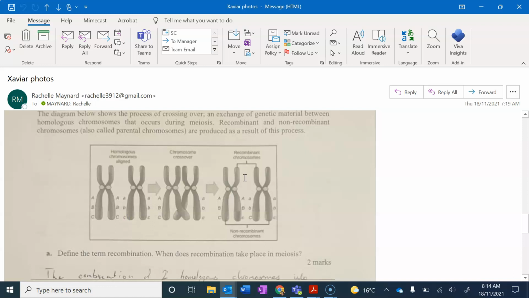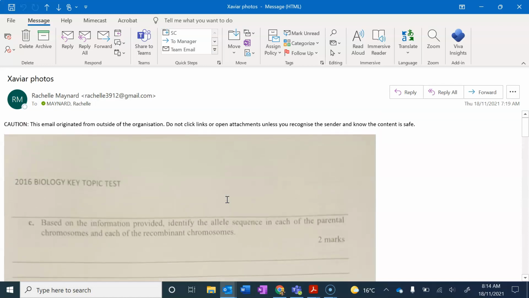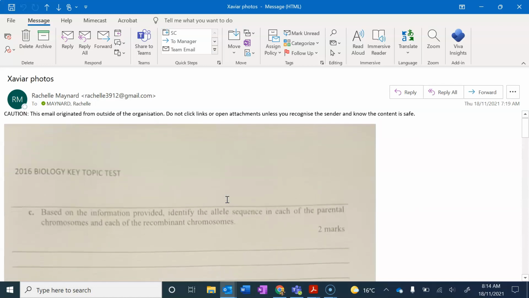Then you would have recombinants, and recombinant 1, hang on, just let me go back to that question.